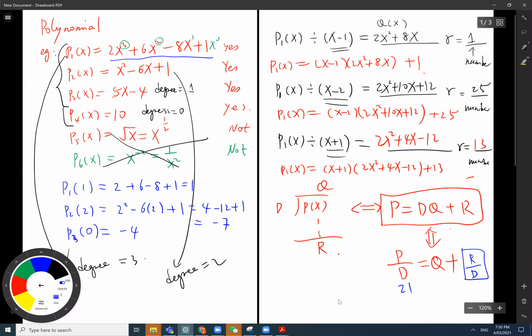For example, 21 over 5, we can say 5 plus 1 over 5. Very similar. Okay. This formula.